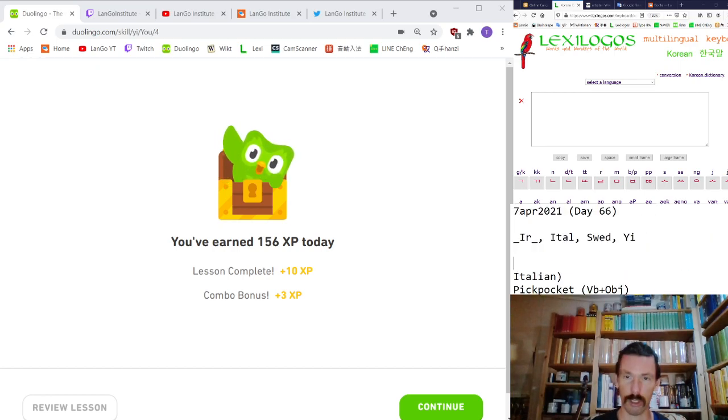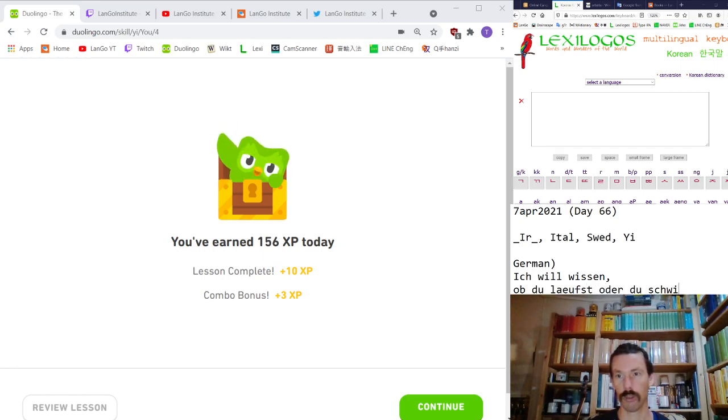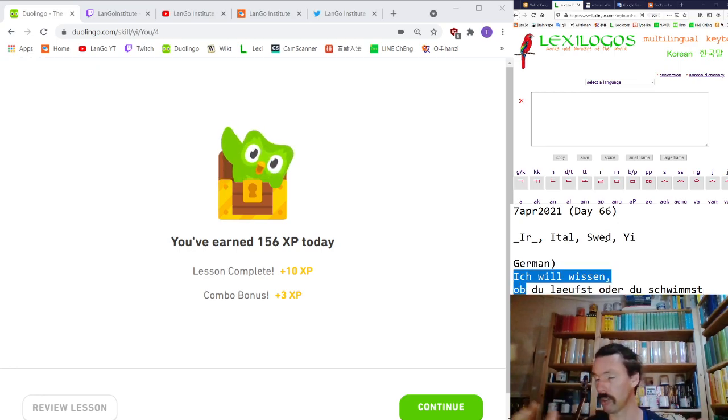You could say, ich will wissen, ob du läufst, umlaut there with the e, u gives oi, oder du schwimmst. And then that could be a historical source for that current Yiddish construction, I think, just dropping out the matrix sentence.